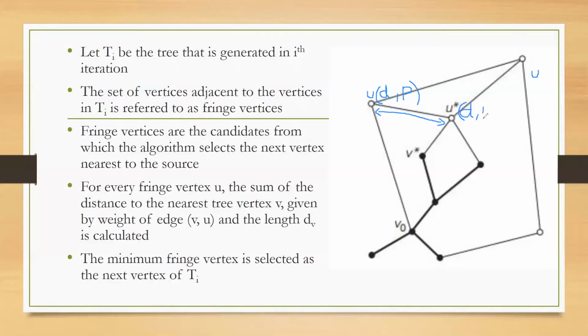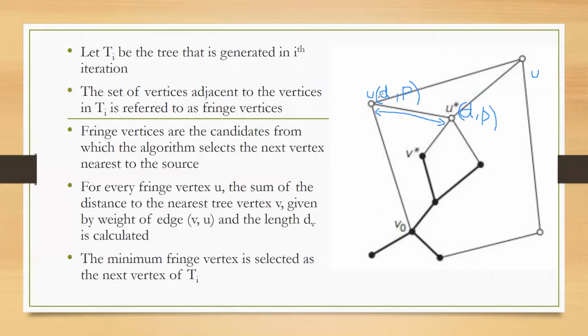Even this vertex will have a distance. You are supposed to add the distance between U and U star and the distance associated with U star. I hope you understood this. U star has some distance associated because it has been added to the subtree. From U star, the next step is to add one more vertex that is adjacent.